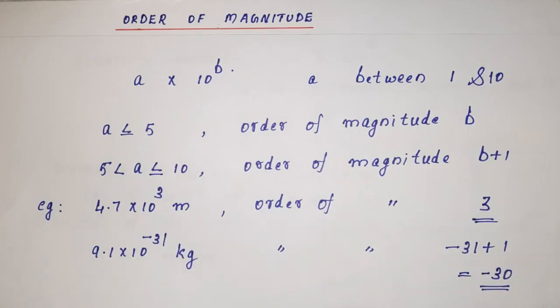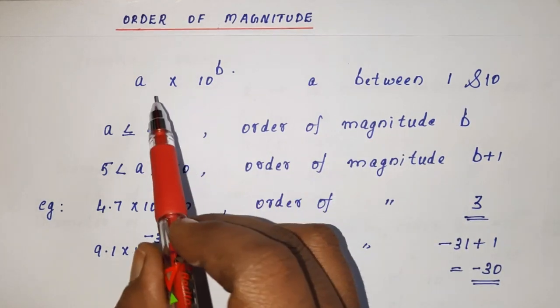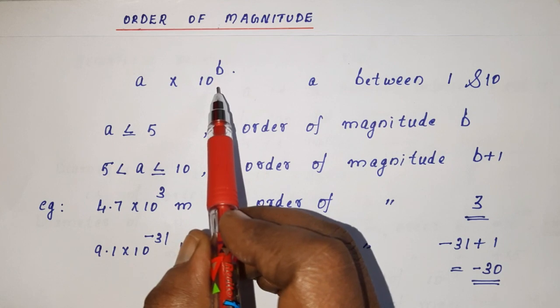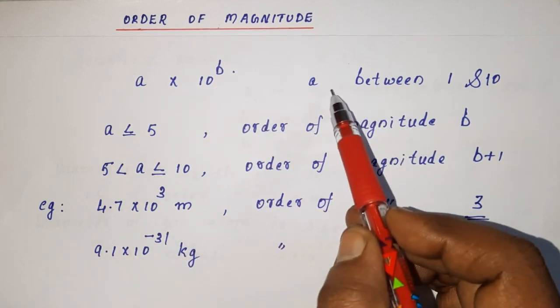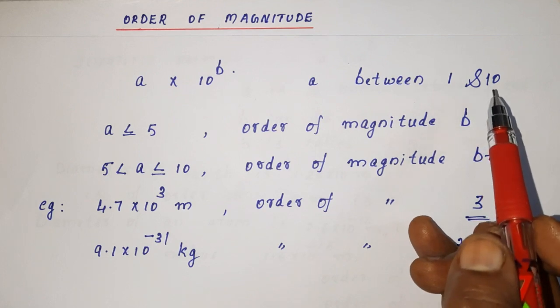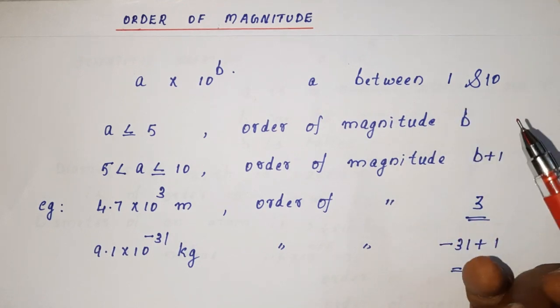So generally in scientific notation a measurement is written in the form a into 10 raised to b, where a lies between 1 and 10. So what will be the order of magnitude? There are two rules.